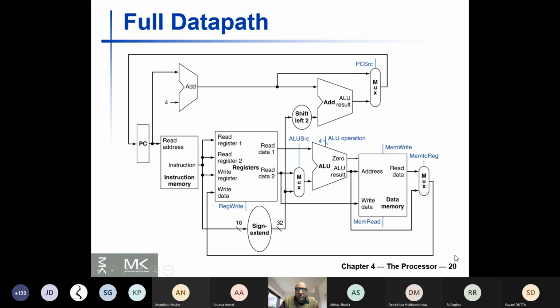The same way here, we have to design a controller whose outputs will be all these signals, whatever signals we are passing to the multiplexers, memory, register file, and ALU. All these are the outputs. And what is the input? The input will be based on your instruction type. The instruction is specified by the opcode, right?